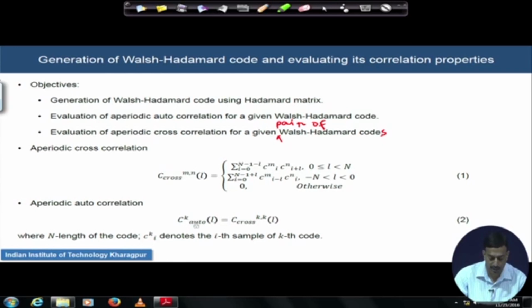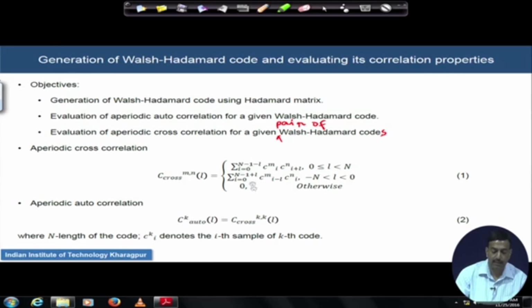So we have only one index k, and we check the correlation property of the code with the shifted version of itself. So we assume an n length code, and specifically small c superscript k subscript i denotes the ith sample of the kth code. So this is the notation that we are going to follow.